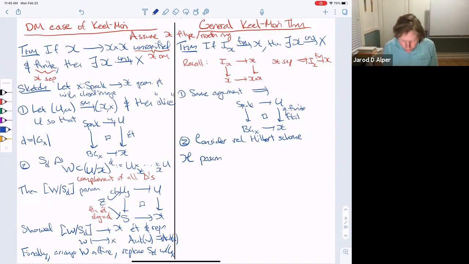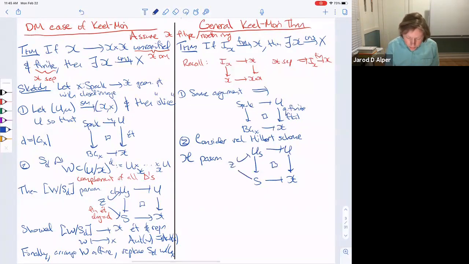So an S-valued point of the stack is going to correspond to first a morphism to X, and then a closed subscheme of the fiber product where this map is no longer étale, but it's finite and flat and of degree d.